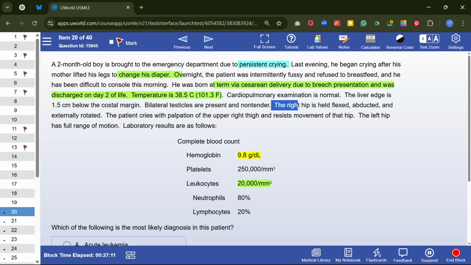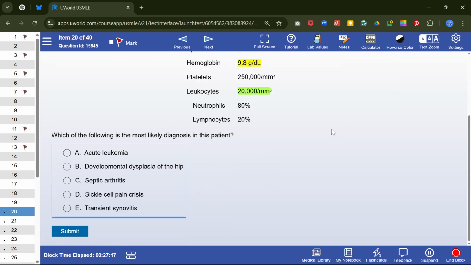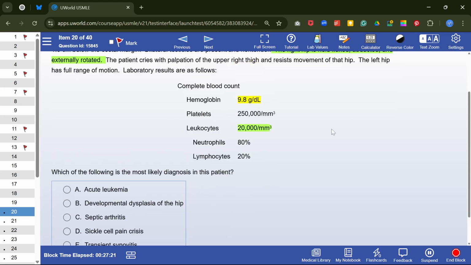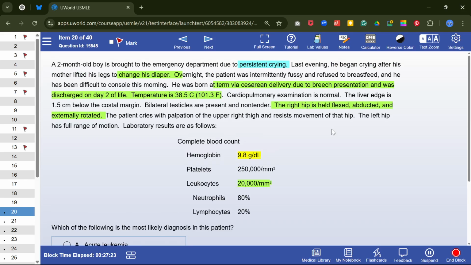Right hip is flexed, abducted, and externally rotated. Flexion and external rotation.